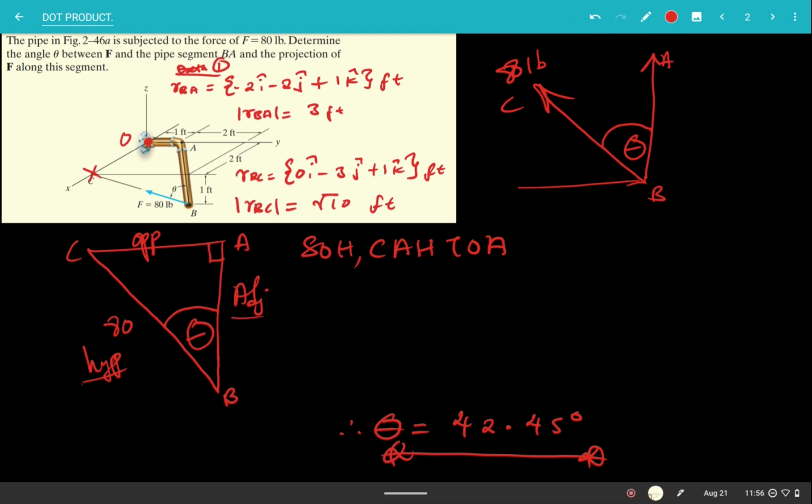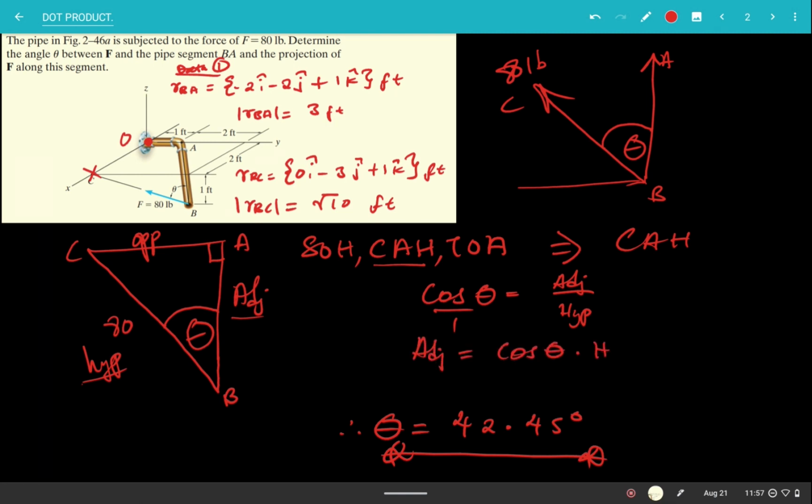So the trig ratio having that is CAH. CAH is equivalent to cos theta is equal to adjacent over the hypotenuse. Therefore, if we cross multiply, we have the adjacent being equal to cos theta times the hypotenuse.